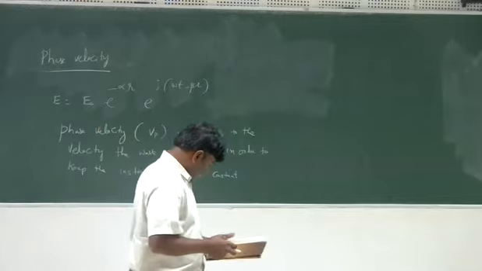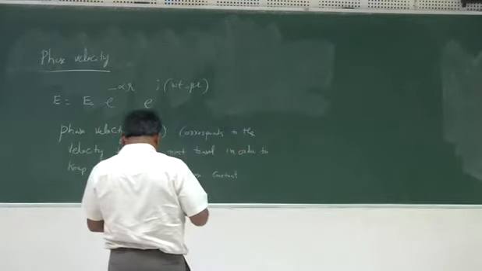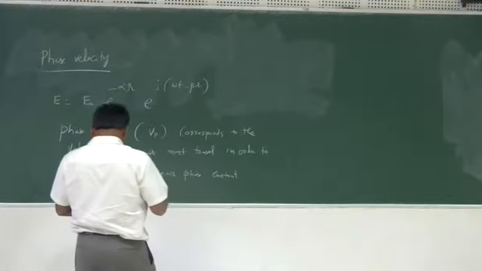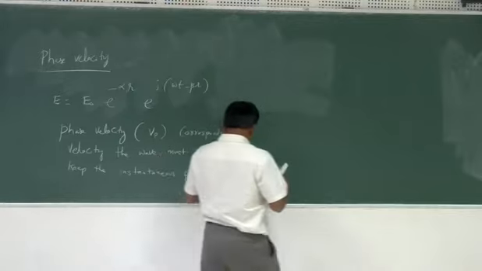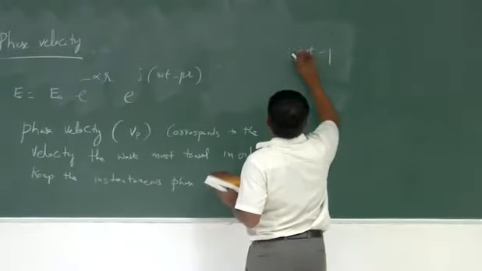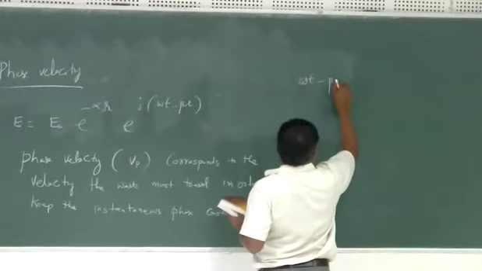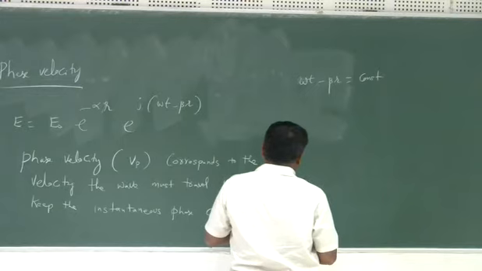So therefore, we must have omega t minus beta r a constant.